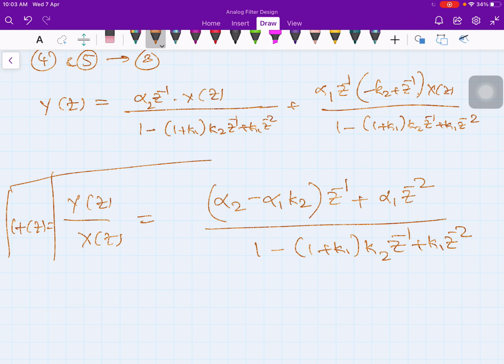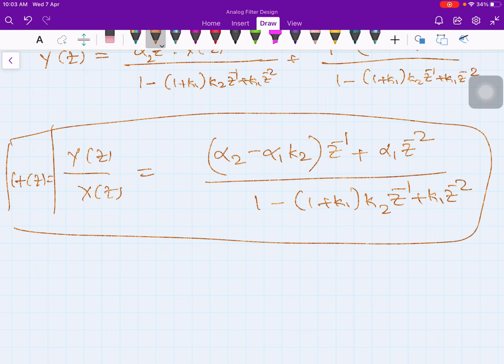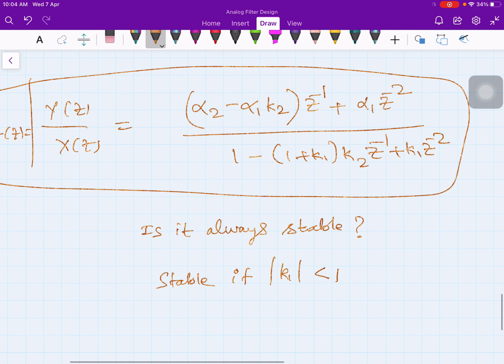Now one can ask a question: is it always stable? Not necessarily, right? It is a second order filter. What were the conditions for stability? Stable if k1 is less than 1, isn't it? Recall this condition.